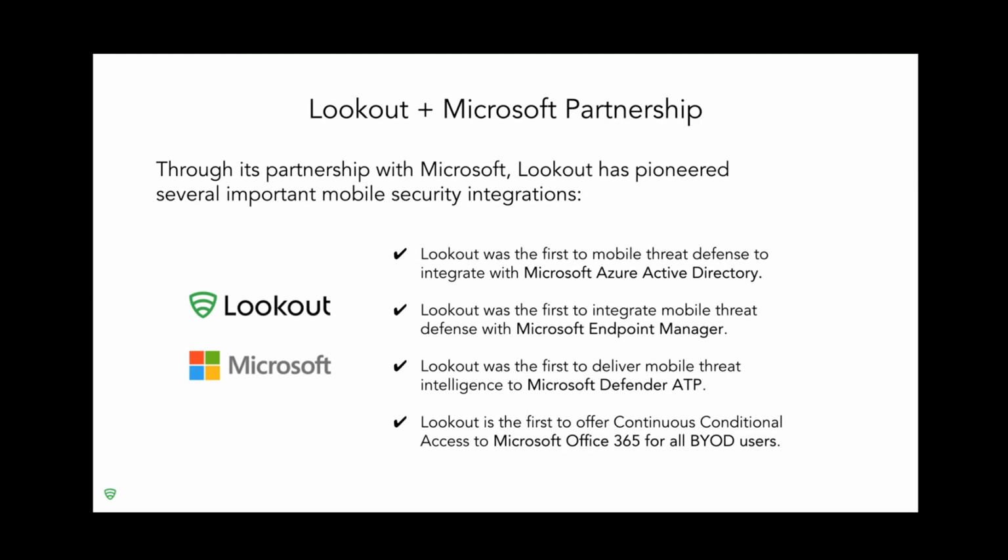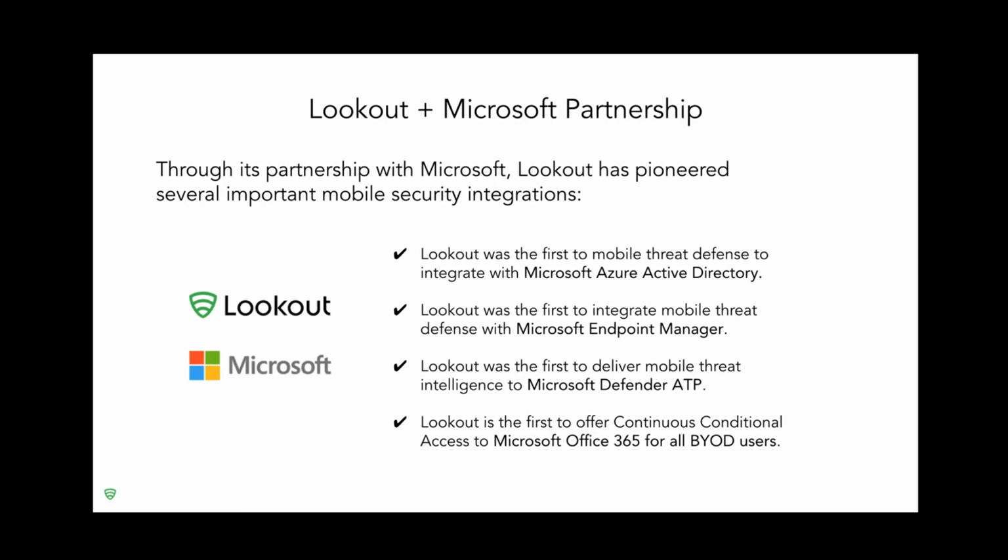The next use case is the integration with Microsoft Defender ATP. So all the threats and all the events that are part of the Lookout console can be delivered into Microsoft Defender ATP. The benefit here is if you're using Microsoft Defender ATP, you will get all the feeds and all the information from Lookout, and Microsoft Defender ATP will also get the feeds and all the events from your desktop fleet.